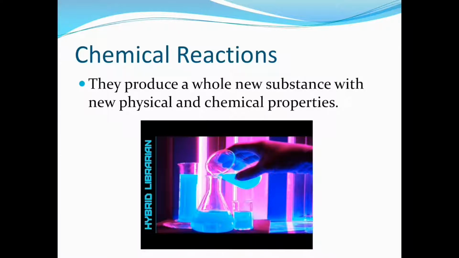If you remember way back to the first week of this class, we talked about different physical properties and chemical properties, and how a physical property is something you can see, and it doesn't change if something happens to it, whereas chemical properties are something that causes it to change and you can't get it back to the way it was. With a chemical reaction, the substance you had before changes into something completely different.